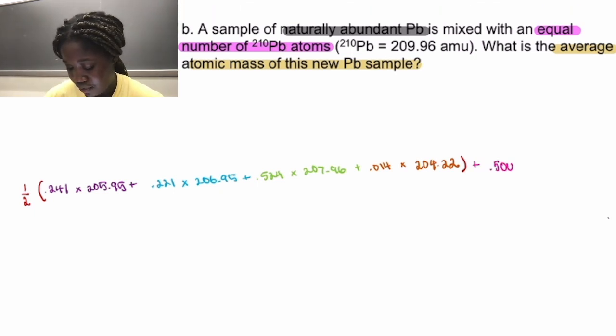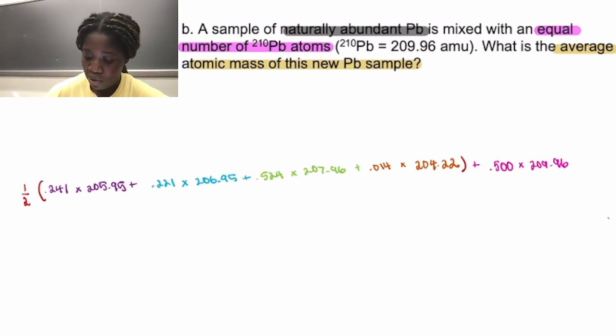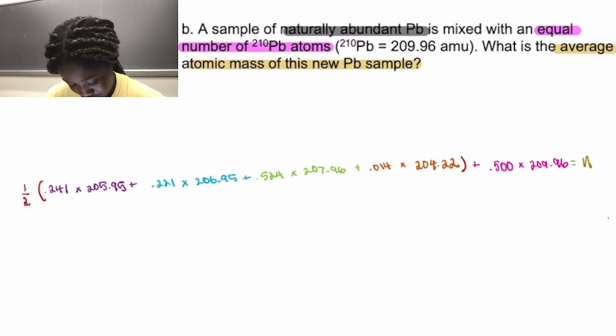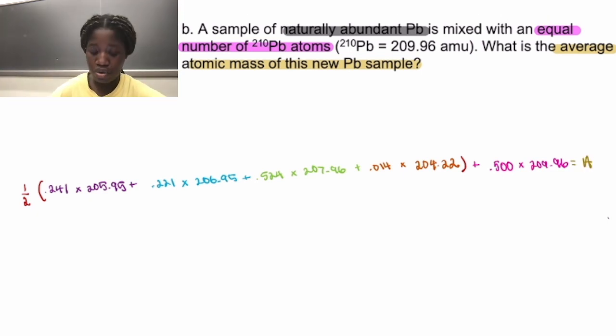So we'll have 0.5 for the half multiplied by 209.96, the value of the component, and this will now equal a new average atomic mass, A. And so we know everything except for this A. And so if we multiply things out, and just note that this half is only applying to the fractions, not the value of the components. When you multiply this out, you will find that A equals 208.58 AMU.